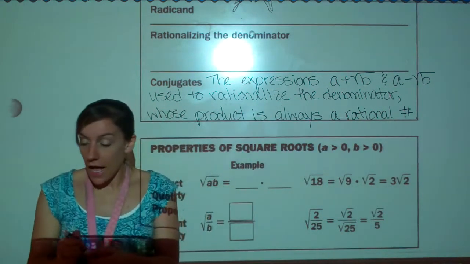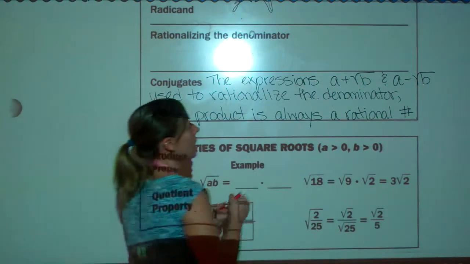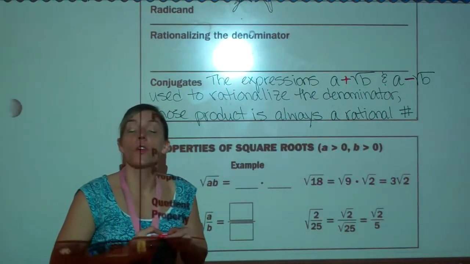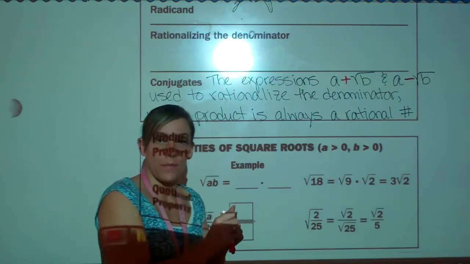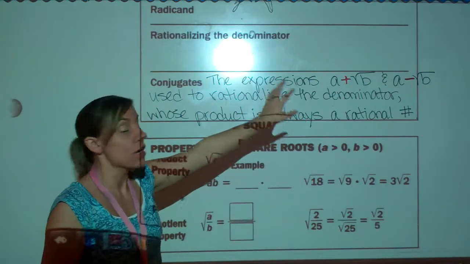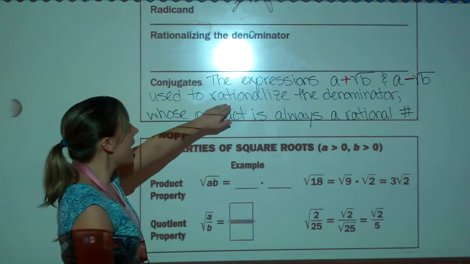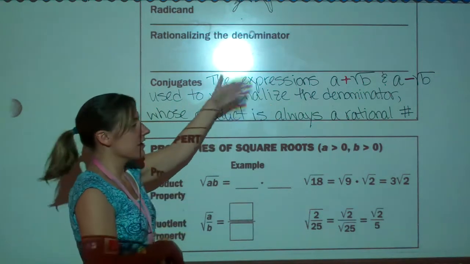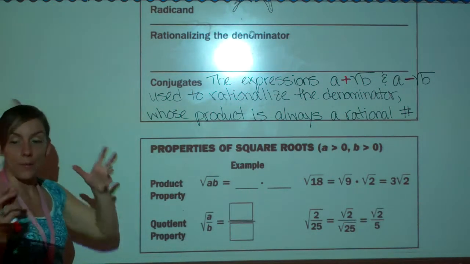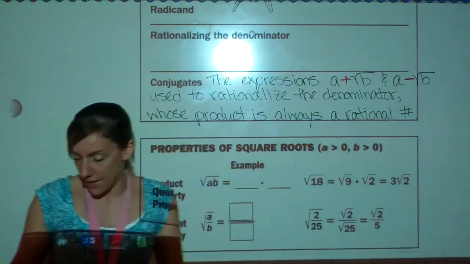Okay, so really, conjugates are the exact same thing, except one of them is adding and the other one is subtracting. So that when you multiply them, they cancel out the middle, so you don't have to deal with radicals or roots anymore. You'll see that when we go through and we multiply, the radical actually cancels out, and that's how we do that rationalizing, which is later on in the lesson. So conjugates are just the opposites. They're binomials with roots in them that are opposites. One's a plus and one's a minus, okay?